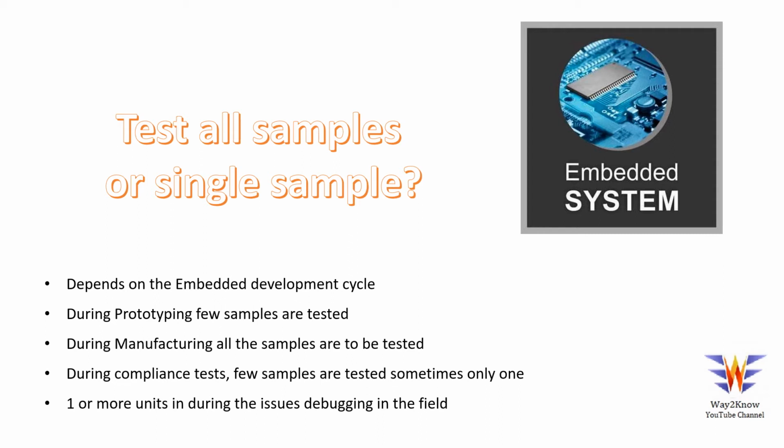All these kinds of tests come under compliance. So during compliance, we need not test a number of samples. One sample tested for all these tests is enough to say that our product is compliant.